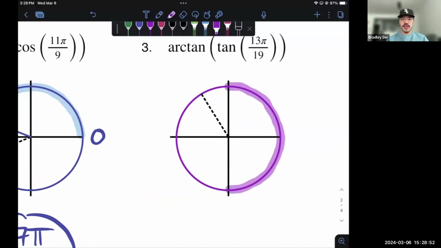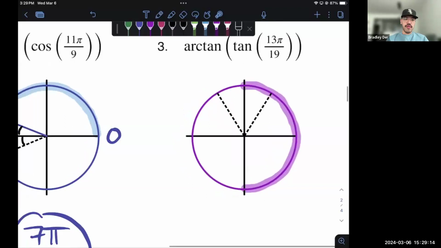Arctangent gives us angles that are in quadrants 1 or 4. This is maybe where "reflect" was the wrong word, because I don't actually want to reflect this terminal ray. If I were to reflect this terminal ray into quadrant 1, I wouldn't have the same tangent value as this terminal ray.